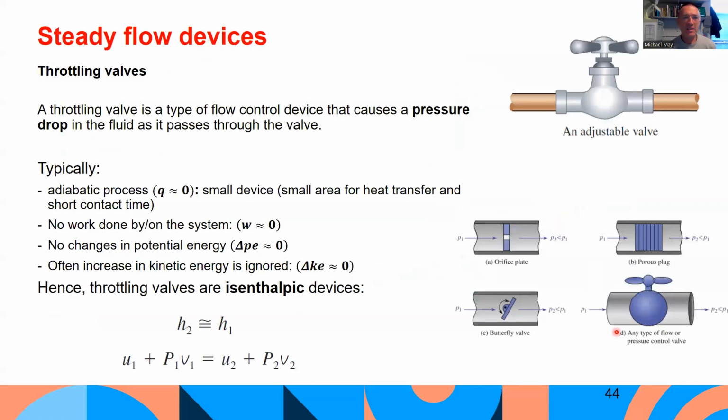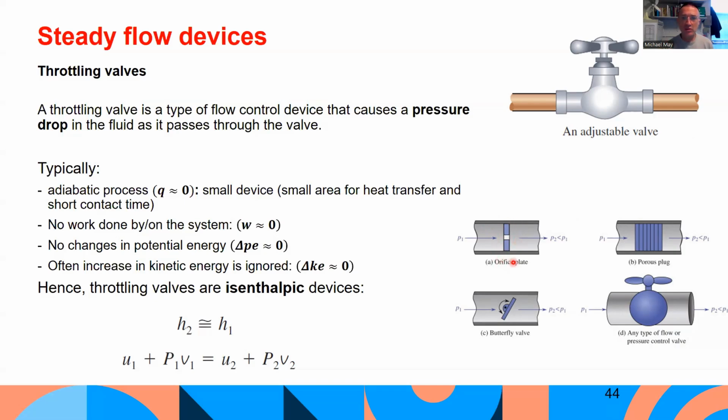And then finally, for this section, the final steady flow device that we look at is the throttling valve. A throttling valve is any type of flow control device that causes a pressure drop in the fluid as it passes through a valve. So you've got globe valves and butterfly valves and so on. An orifice plate is a system that causes a pressure drop so we can measure flow rate, because flow rate is proportional to pressure drop.